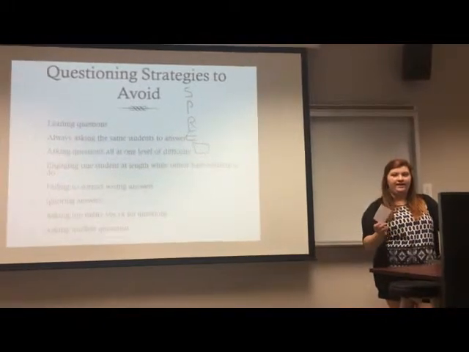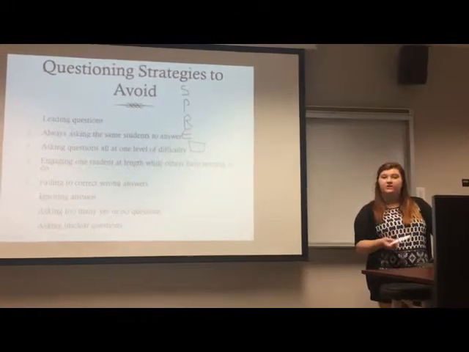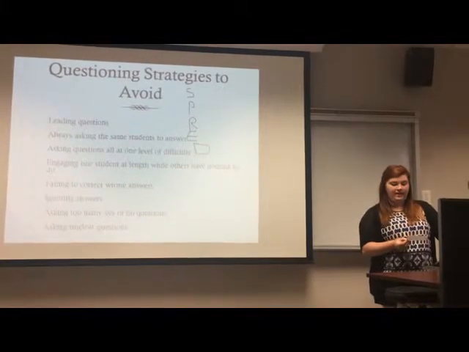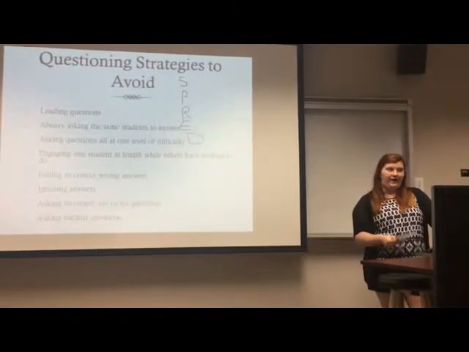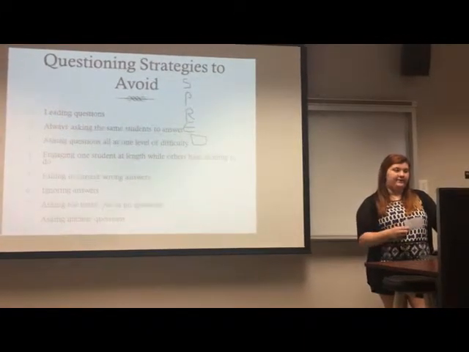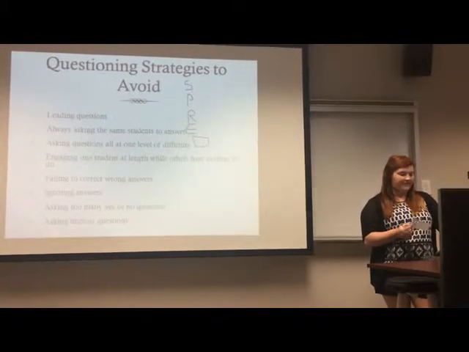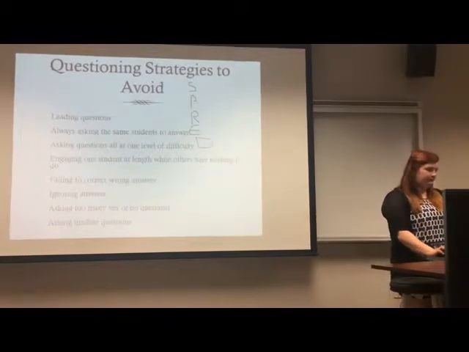So you want to tie in maybe something that you learned in a previous lesson to what you're teaching now. The E is for explain. So you want them to elaborate on why their answer is the correct answer, not just giving an answer. And D is describe, which is pretty self-explanatory.